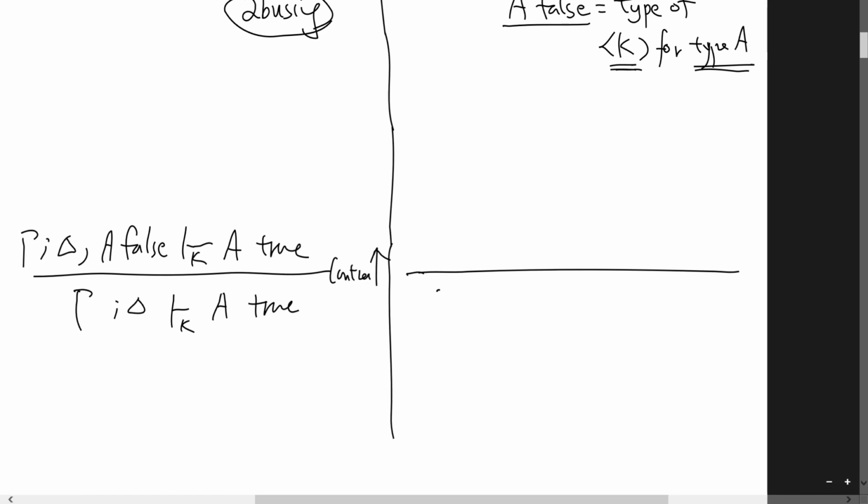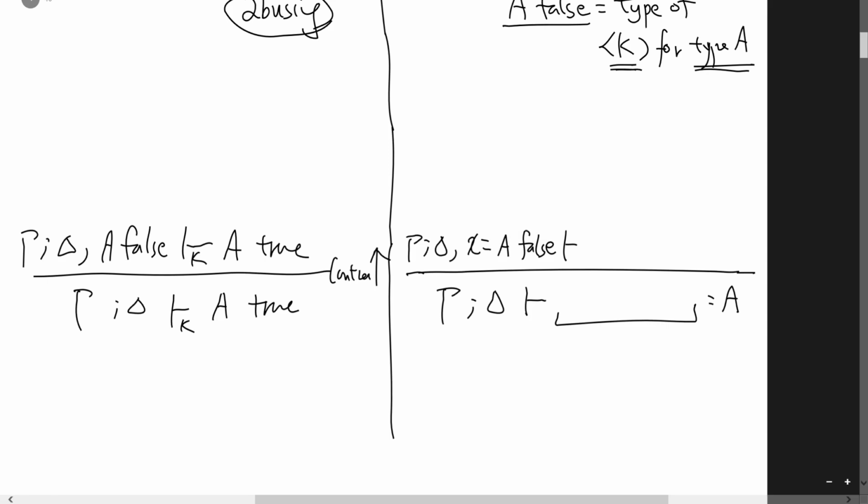So we have gamma, delta, and some proof term of type A. And in order to build a proof term of type A, assume x has a type A false. Or if you are still confused, you can imagine that this A false stands for A continuation. And then you build a proof term of type A.